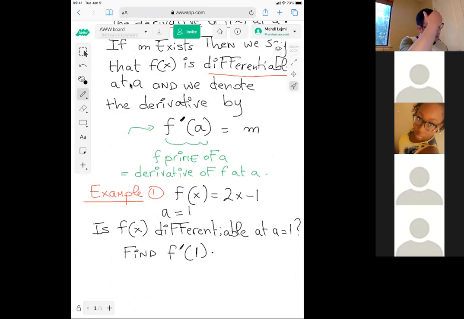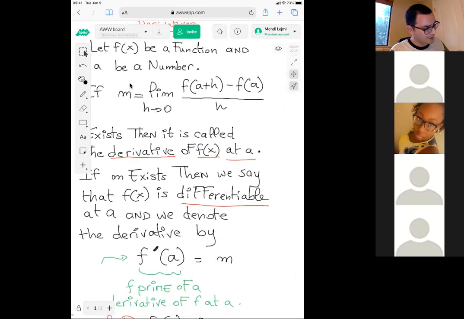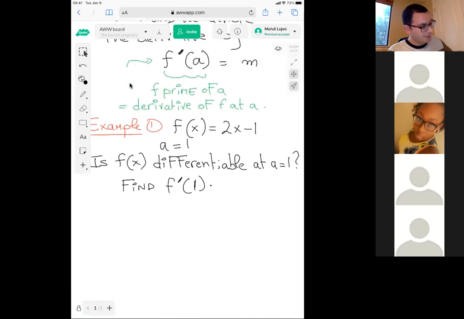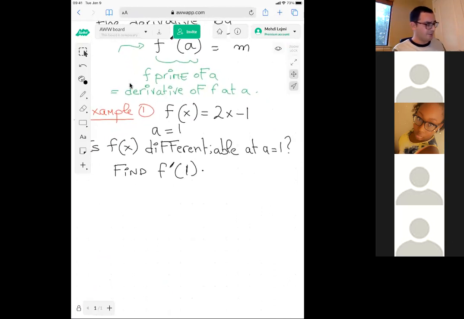To answer this question, to see whether a function f is differentiable or not, all you have to do, guys, is compute this number m, the limit as h goes to 0, etc. If the number m exists, then we say that f is differentiable. If the number m does not exist, then f is not differentiable. This notion of differentiability, you can compare it to continuity, right?